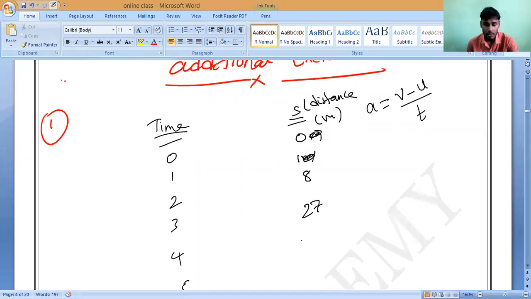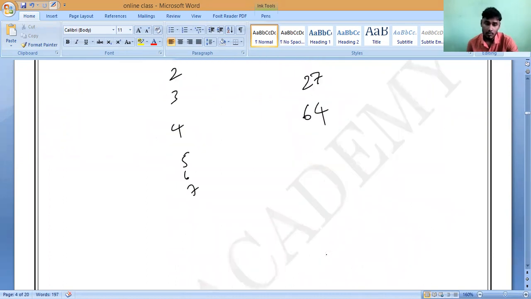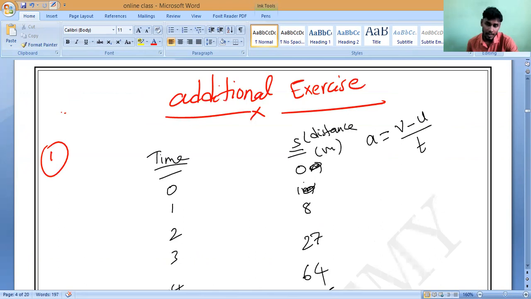Next, 4 seconds: 64. Next, 5 seconds: 125. 6 seconds: 216. Next, 7 seconds: 343. Now they are asking acceleration, but here they have given time and distance.